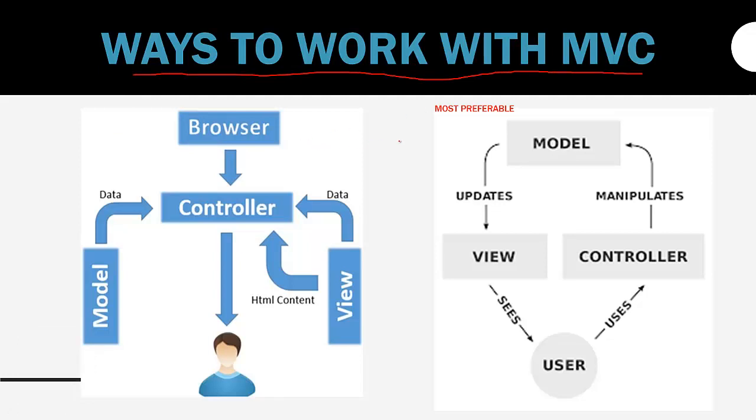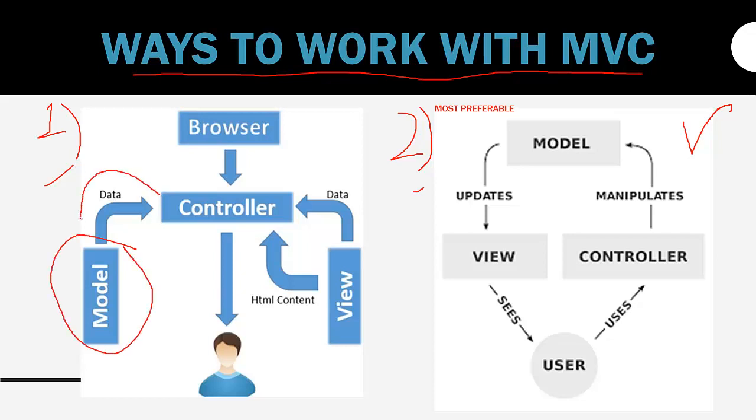So there are two ways: this is our first way and this is our second way. The most preferable way is this one. So in the first way, first there is our model. The controller can only contact our model.